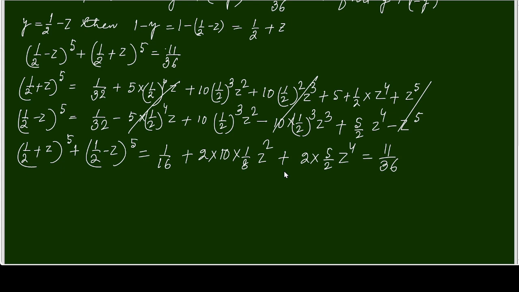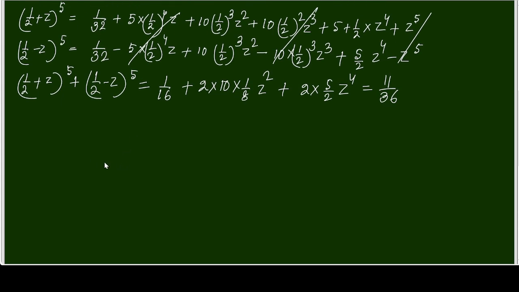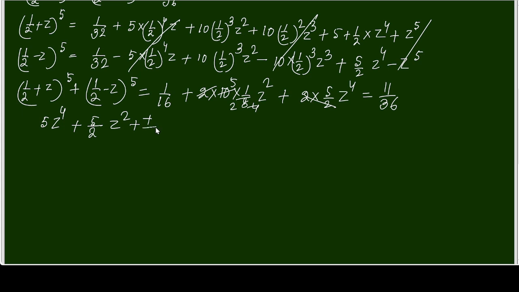So I am getting a quadratic equation in terms of z square. It will be 5 z to the power 4 plus 5 over 2 z square plus 1 over 16 equals 11 by 36.